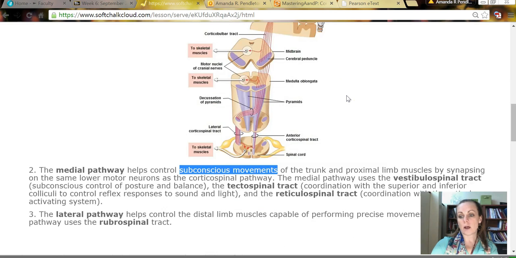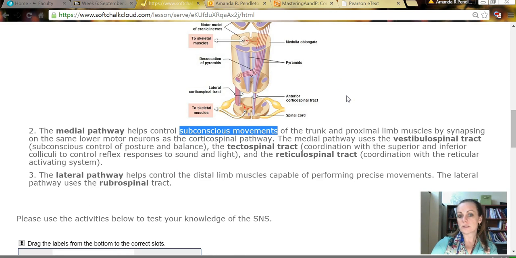It is going to be all of those other brain structures that we talked about that help with subconscious movements. Okay, and so again, you've got 3 tracks: vestibulospinal, that's subconscious control of posture and balance; tectospinal, that's going to be coming from the superior and inferior colliculi, those reflexes to respond to sound and light; and then reticulospinal, that's going to be coming from that reticular activating system.